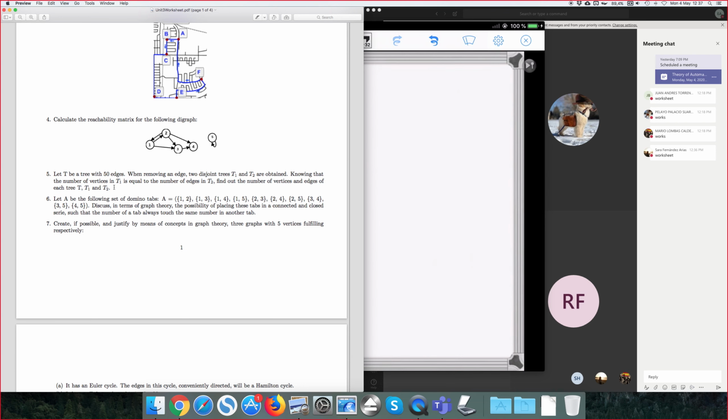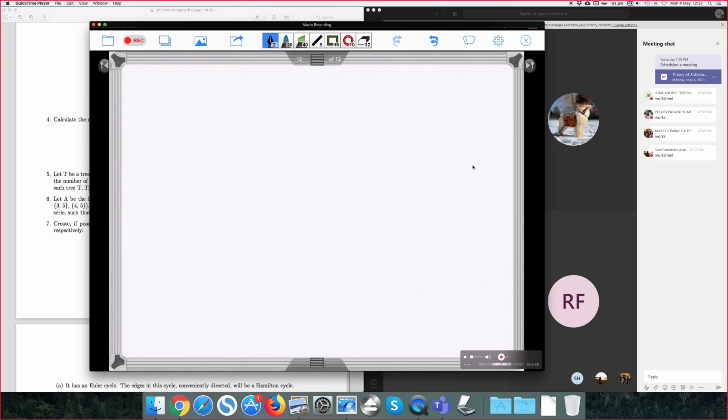The idea here is that we have a tree with 50 edges. So I'm going to write here the information that we have. The number of edges is 50.